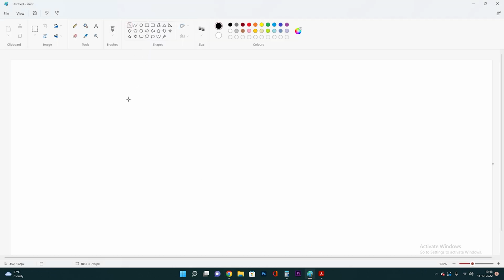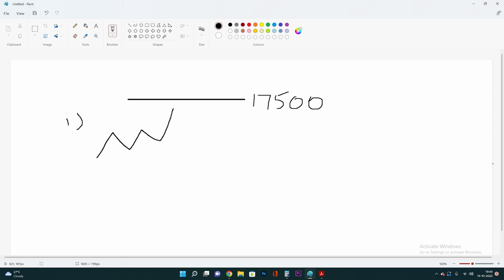See, this is the point, 17,500 that you chose. Market is here. In case 1, the market comes and stays here. You will get full profit. In case 2, the market goes down, you will get full profit.